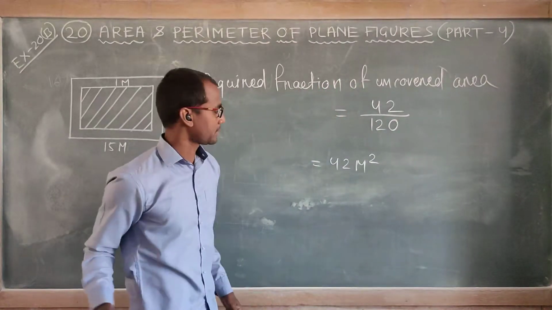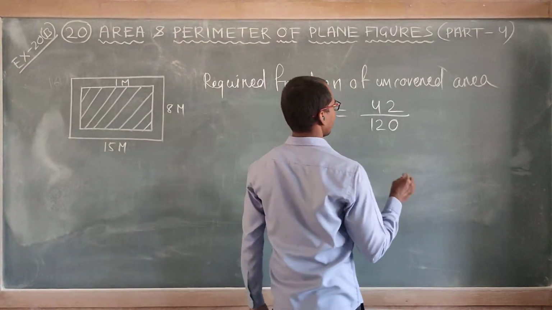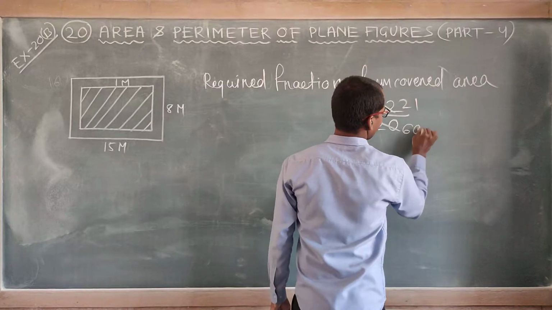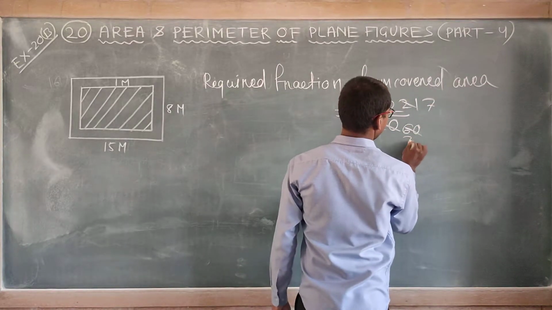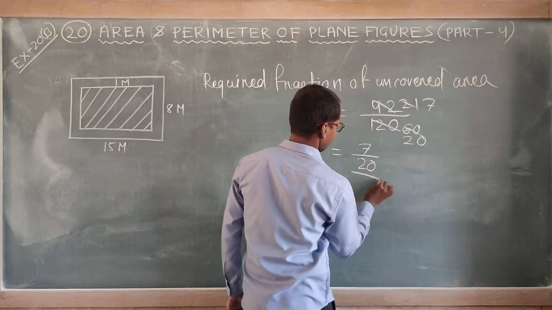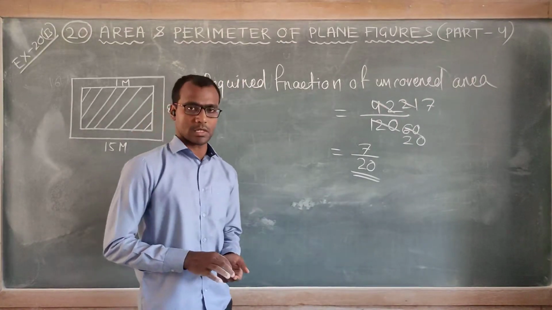So 42 by 120 means 7 by 20. So the fraction of the uncovered area is equal to 7 by 20. Clear?